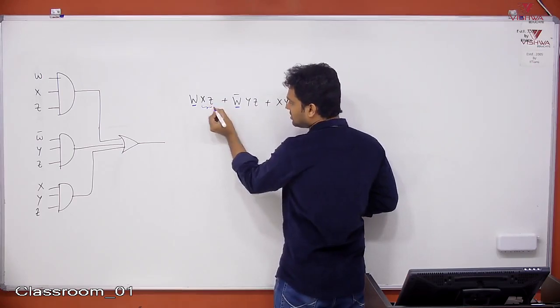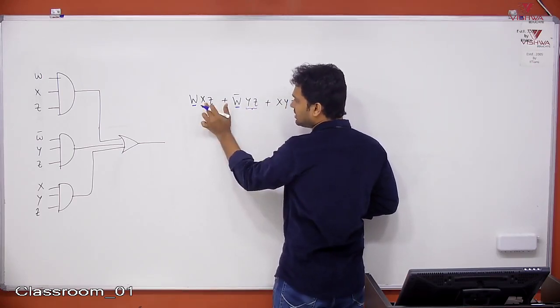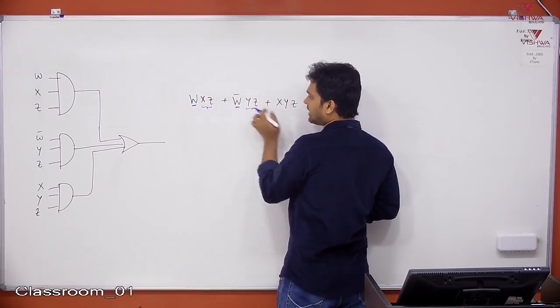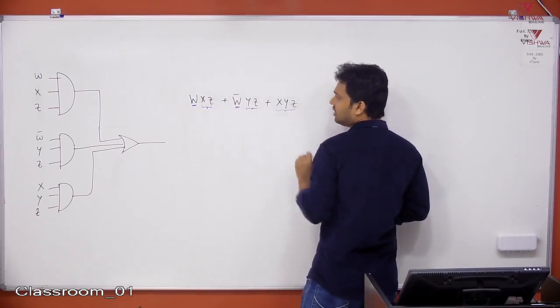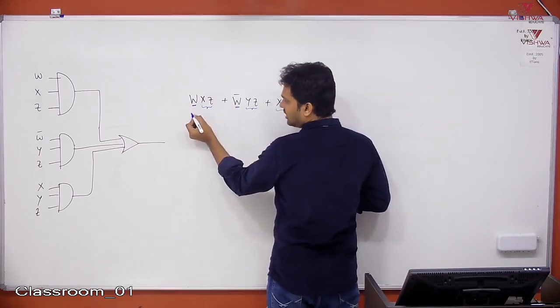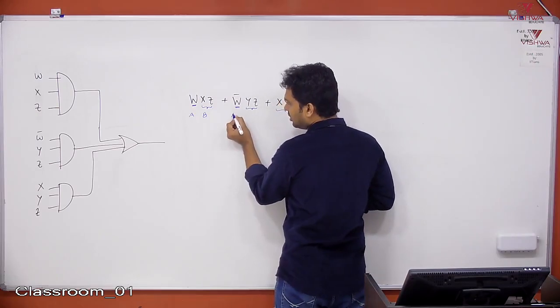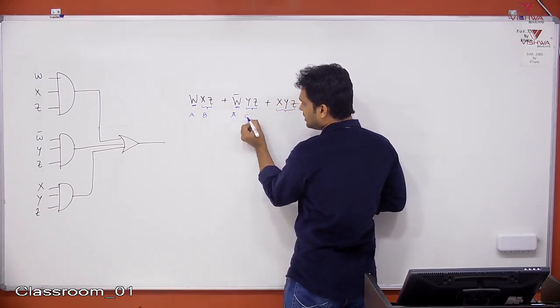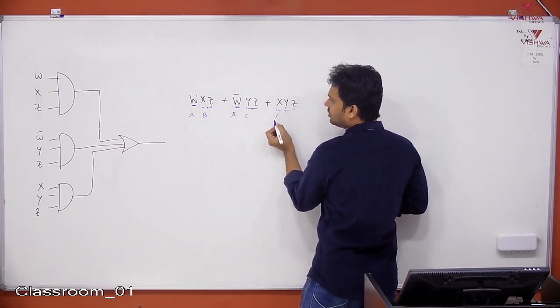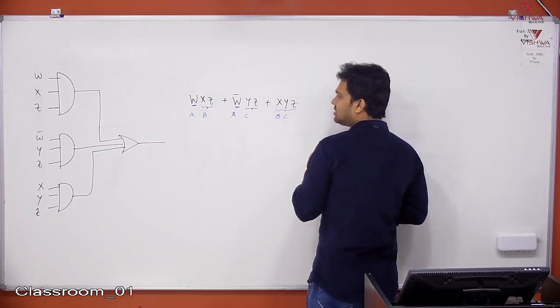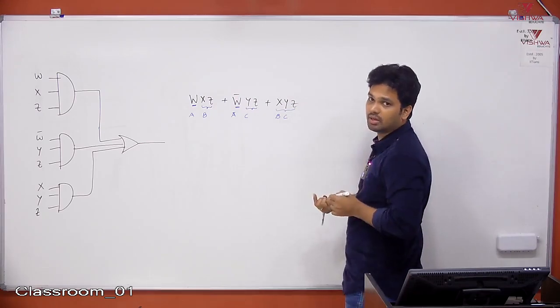Product of this and this. What is xz into yz? Z into z is z only, xyz. Available here or not? It is like A B, A bar C. It is B into C. Then what is the answer? AB plus A bar C.